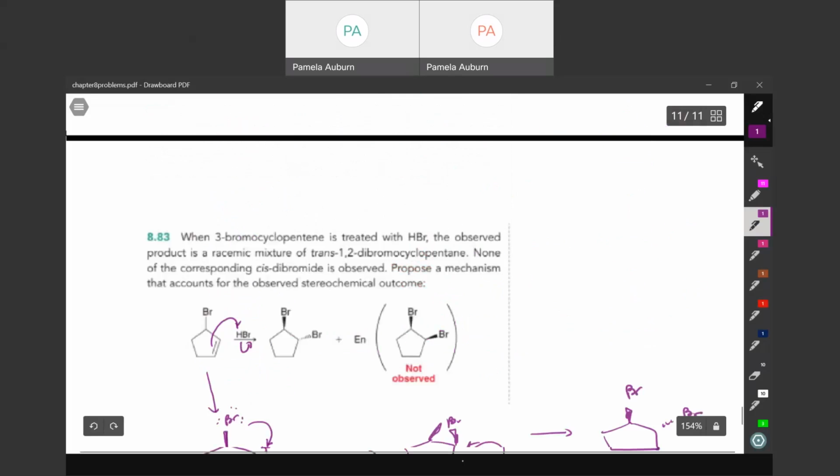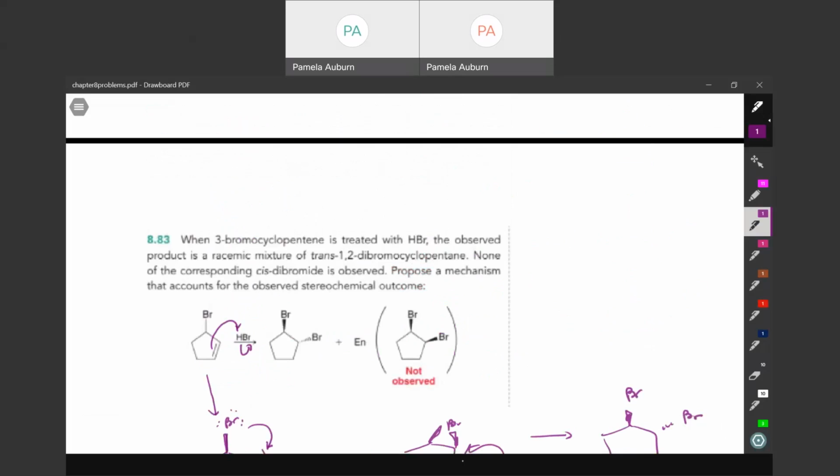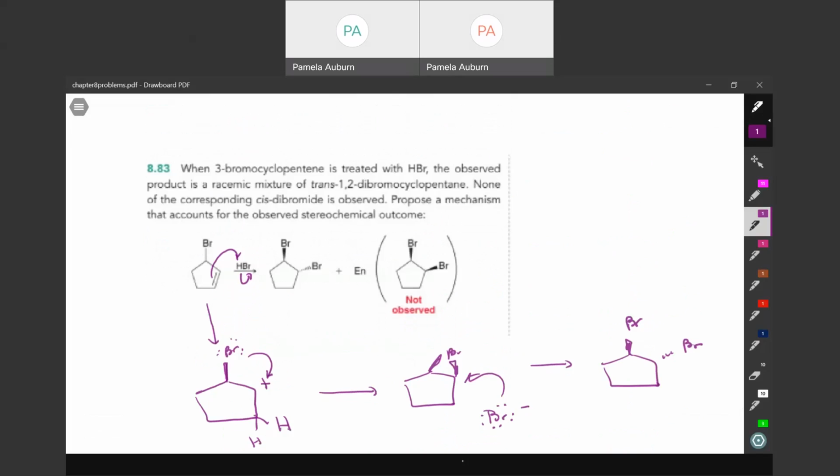So that's like seeing a wrinkle in the reaction mechanisms that you've already done. The hint that you have to be adding bromine across a system or bromonium ion is that you don't get any syn addition. So what you're looking for is a way of getting a bromonium ion somehow.